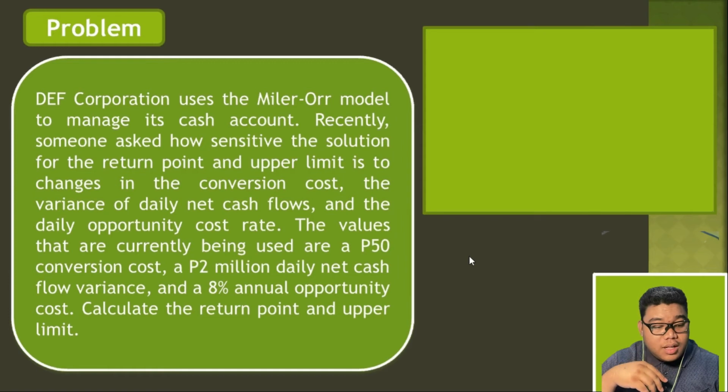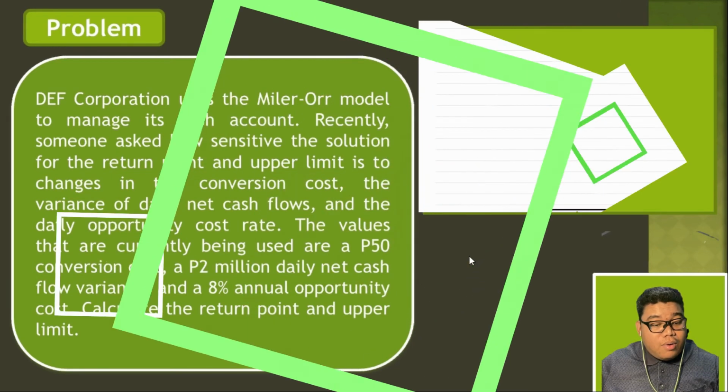Recently, someone asked how sensitive the solution for the return point and upper limit is to changes in the conversion cost, the variance of daily net cash flows, and the daily opportunity cost rate. The values that are currently being used are 50 conversion cost, 2 million daily net cash flow variance, and 8% annual opportunity cost. Calculate the return point and upper limit.